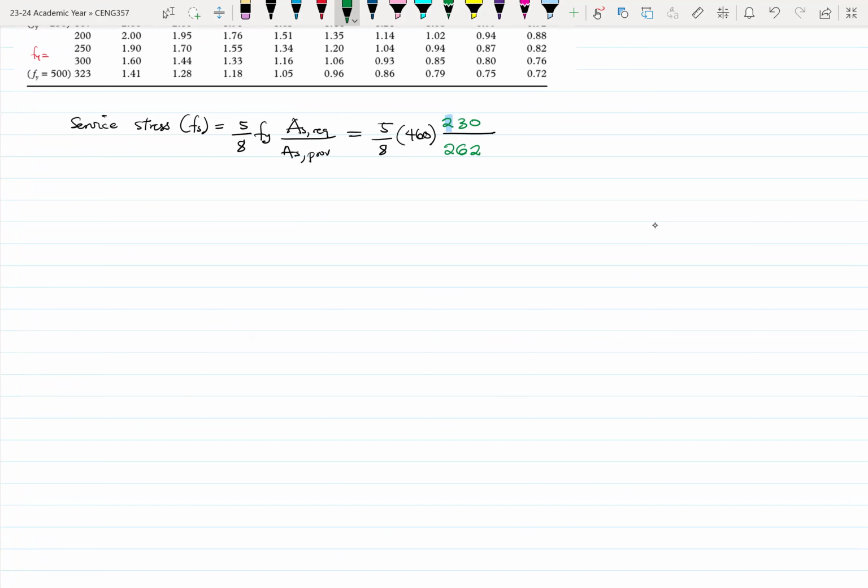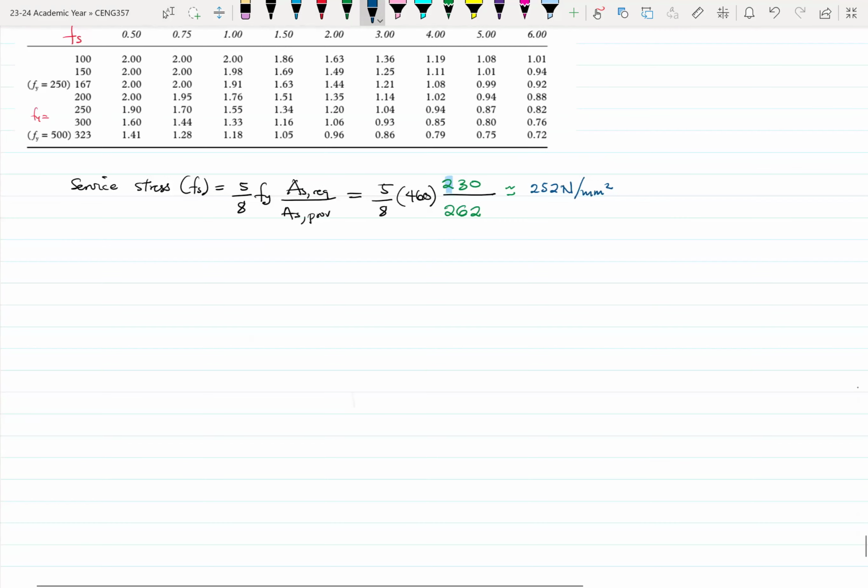Quickly we can find 5 divided by 8 times 460 times 230 divided by 262, and that gives us roughly 252 newtons per millimeter squared, which makes sense.